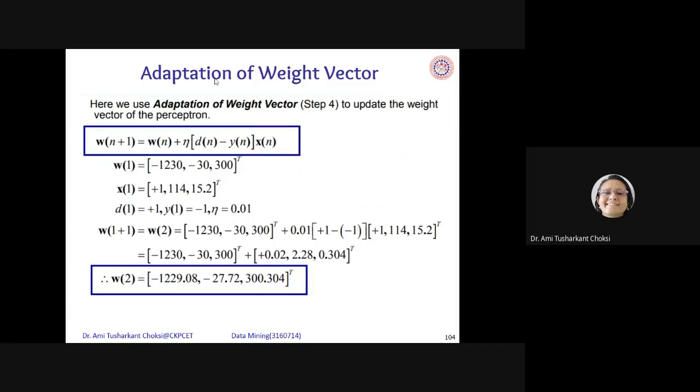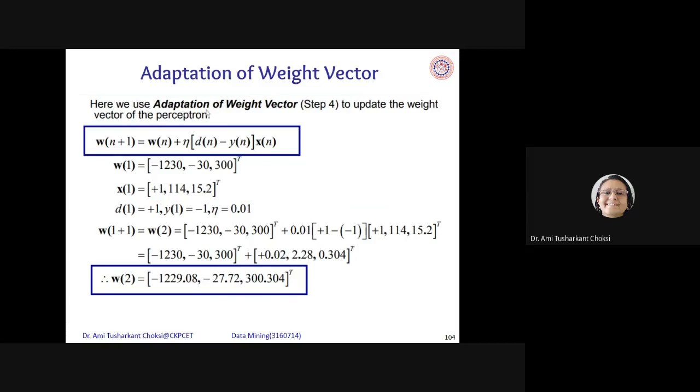Now, adaptation of the weight vector, as we need to change the weight vector. How can we adjust the weight? It is my wish? Can I increment by 100 or 200 or 1 or 2? For that, there is an equation.